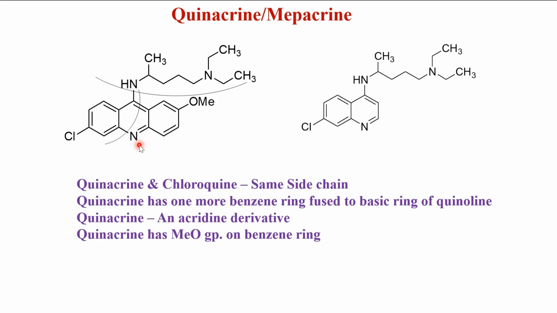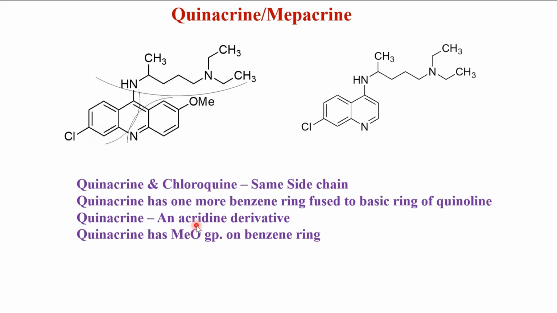And I have to add one group to react with this. This part, if I take, is a nitrogen methoxy benzene. I can take para-methoxyaniline as one of the reactants, and another reactant a toluene derivative.